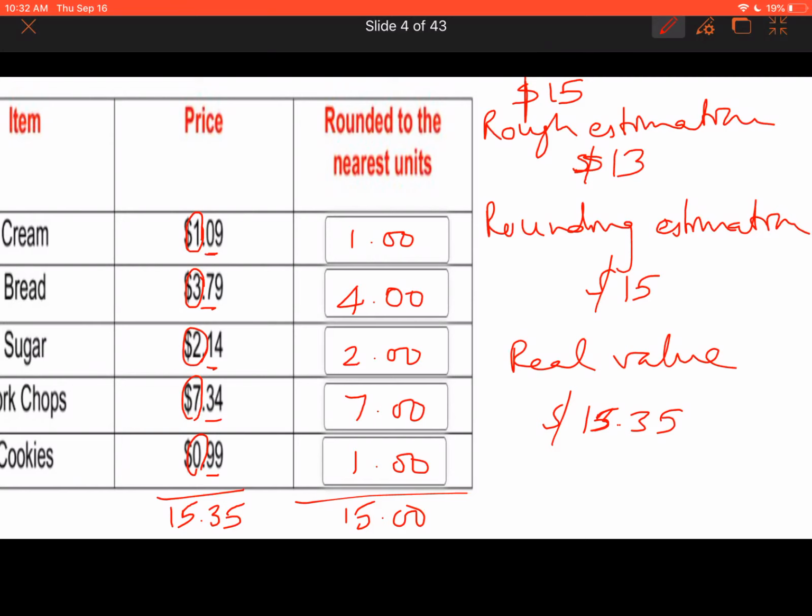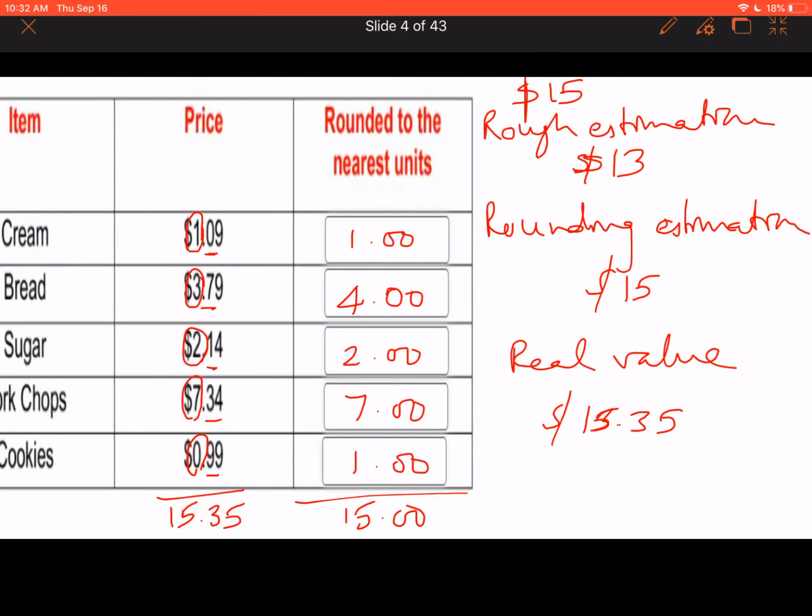When you roughly estimate, you get a value which is okay. But when you do a rounding estimation, the value is very, very close to the real value of the object. Right? So that's how the rounding estimation is very helpful for you in finding the closest value or also doing the calculation much easier.